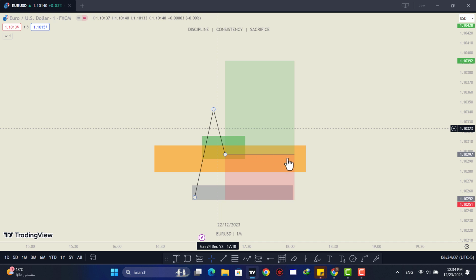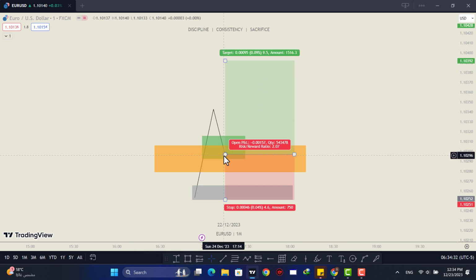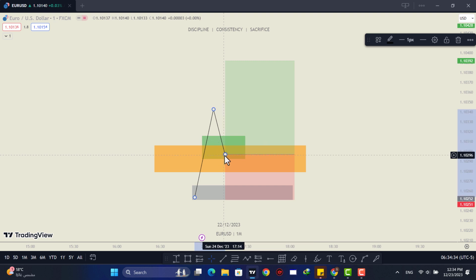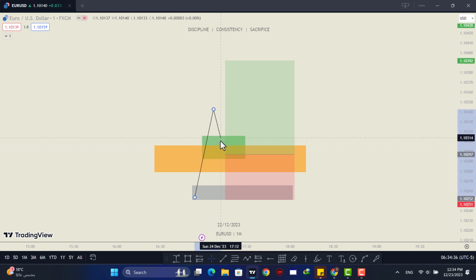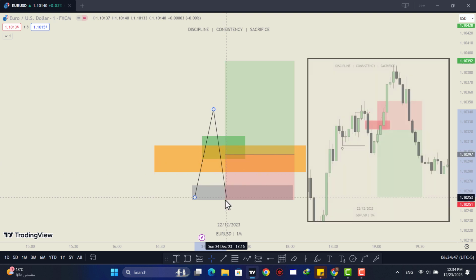It doesn't matter. Now, if you go to your journal and you filter only the losing trades, you will notice that in some of the losing trades, when price reached that fair value gap or that breaker or order block, price didn't reverse. It just kept going down and down and down and hit your stop loss.